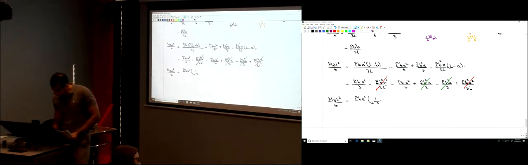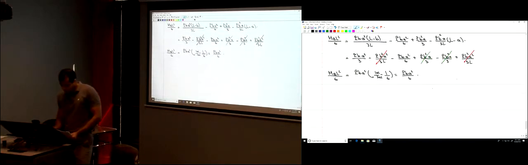Multiplied by 1/3 minus 1/6. Multiply here by 2, 2 here. So this becomes 1/6. So PBA squared divided by 6. So therefore, MB is equal to what? The 6 cancels with the 6. So we have PBA squared divided by L squared.